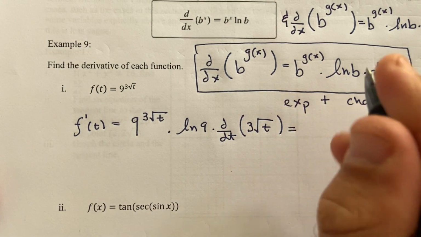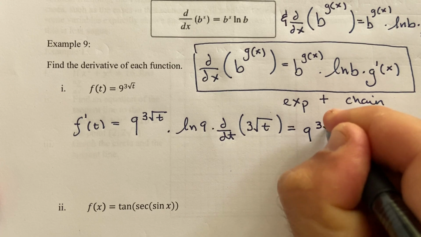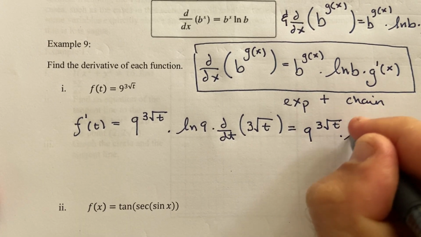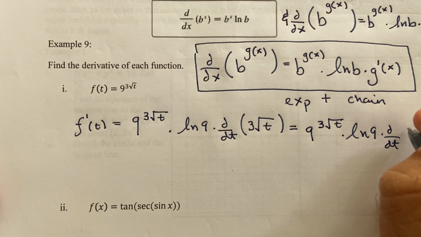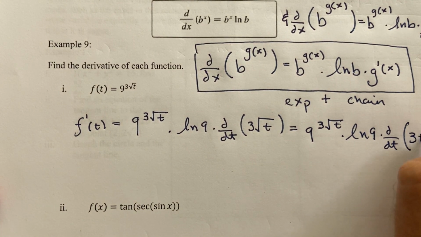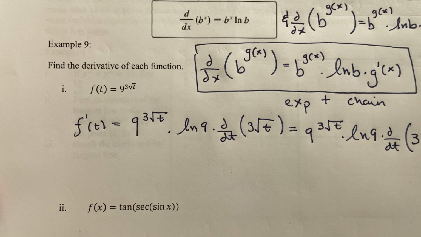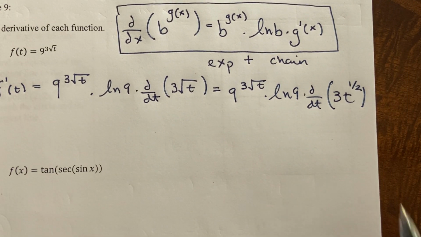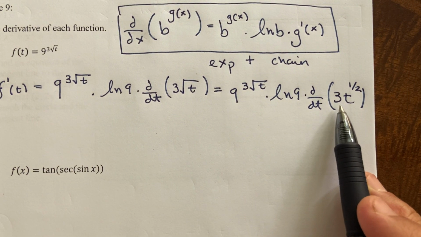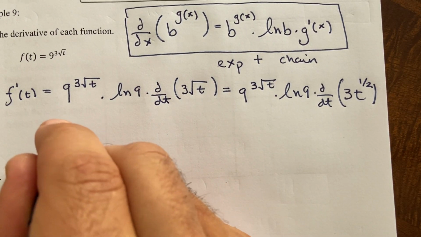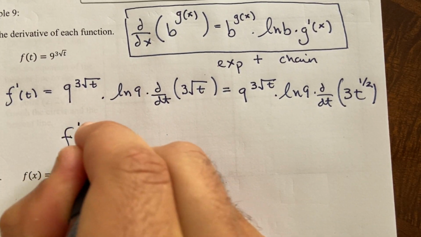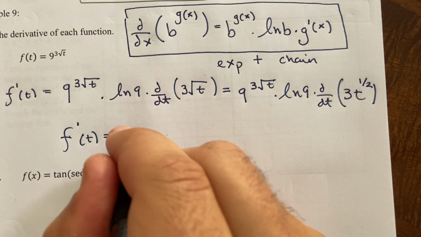By the way, this is the exact same as 9 to the 3 root t times ln of 9 times d dt of 3t to the 1/2. And I'll often think of these roots as powers. It just helps the derivative if we do that. So f prime of t in full now. So I'll write everything else that we had.